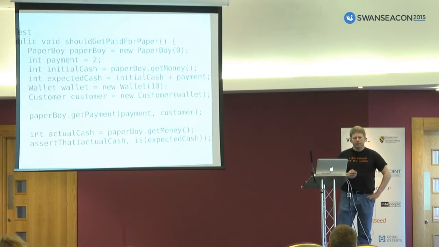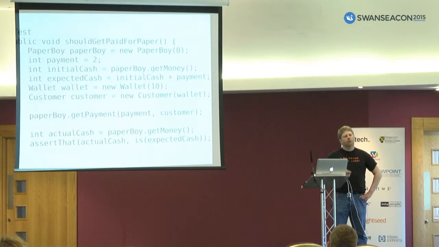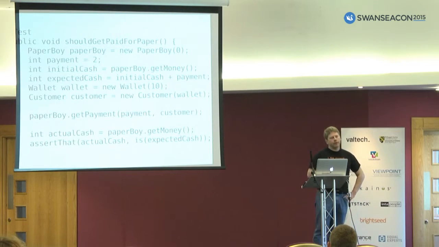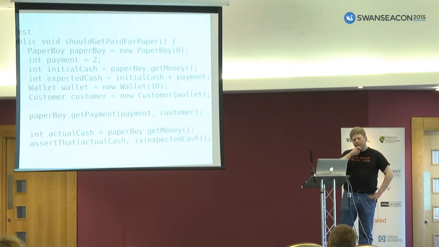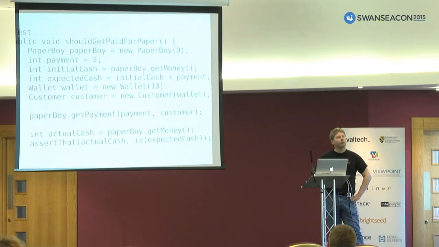Then we just call get payment on the Paperboy with the amount that the customer is supposed to pay. And then we should get the actual number afterwards. We're checking the state now: how much money does this Paperboy actually have after the transaction? And we assert that this is correct.